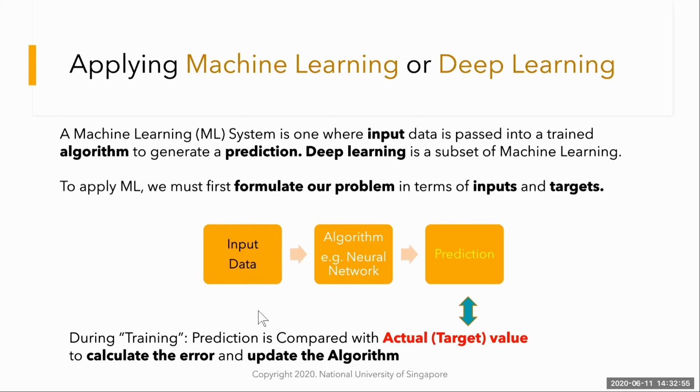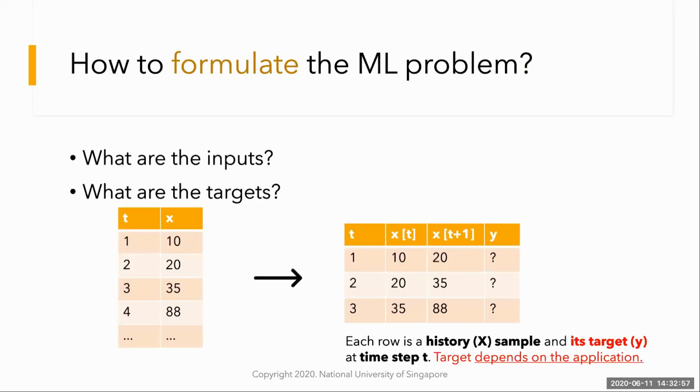So how do you formulate this problem? We have to figure out the inputs and we have to figure out the targets. For the inputs, a very typical time series has T as our time step. Let's say this is in hours: hour 1, hour 2, hour 3, so 4 hours of data. And then X is some signal that I'm trying to predict.